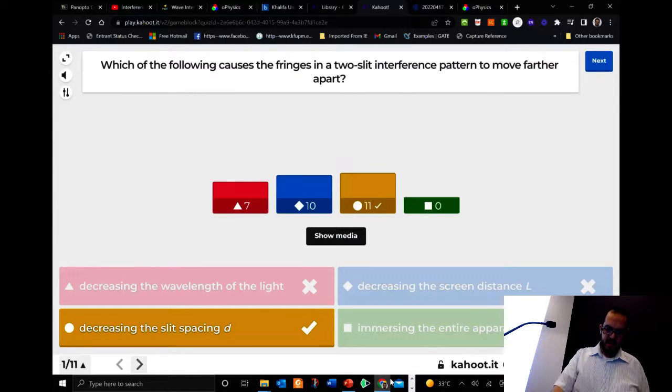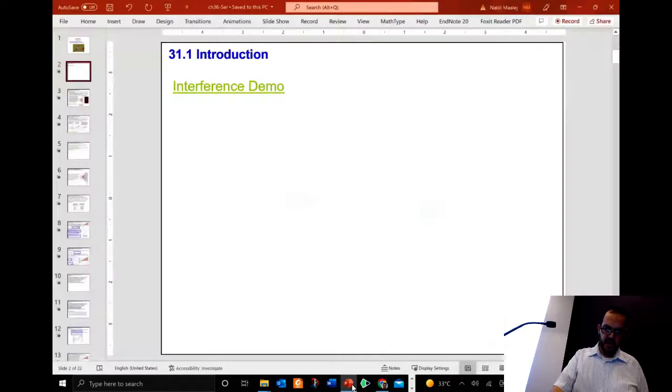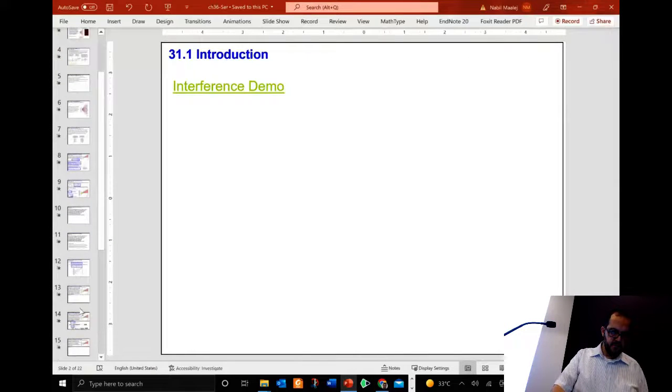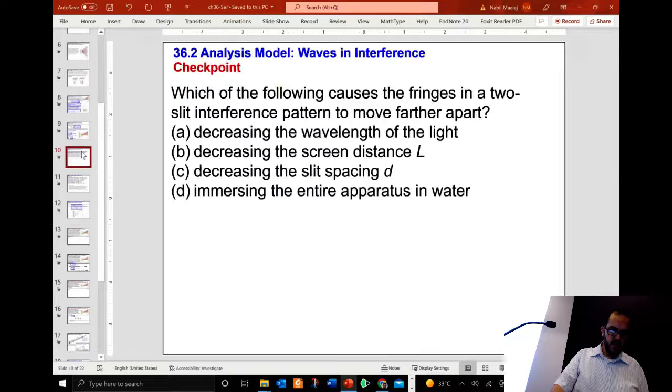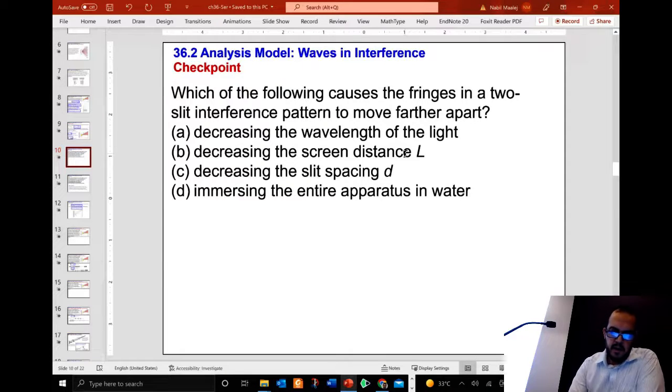All right, so let's see. Here we want which of the following causes the fringes in a two-slit interference pattern to move farther apart. So what do we know?